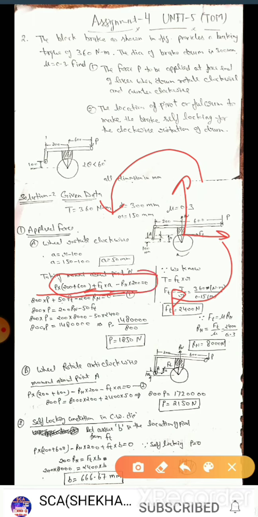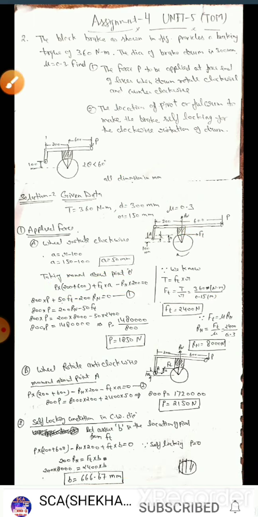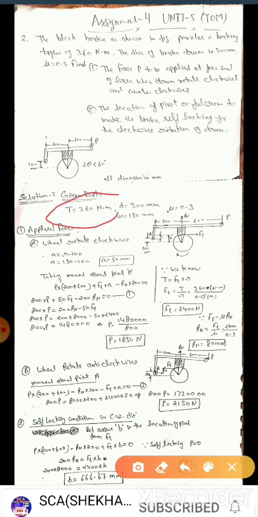So first we find the applied pressure force when the wheel rotates in the clockwise direction. Now we know the braking torque is 360 Newton meter.